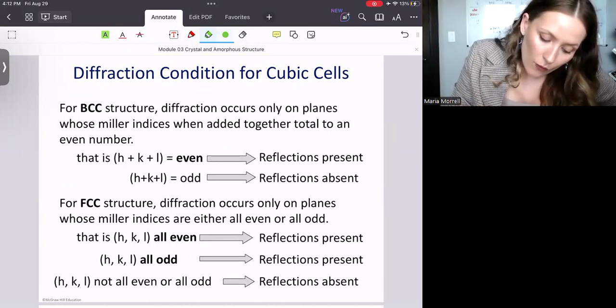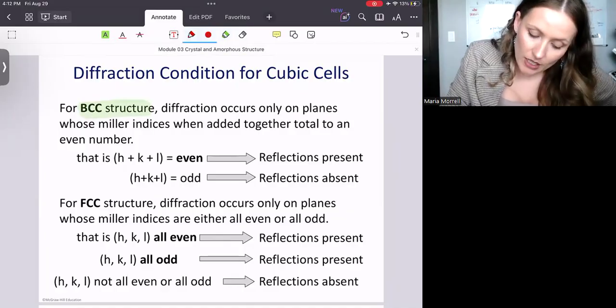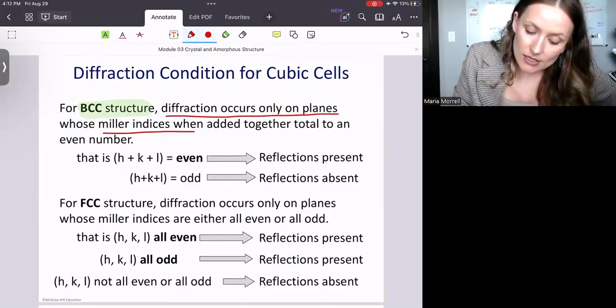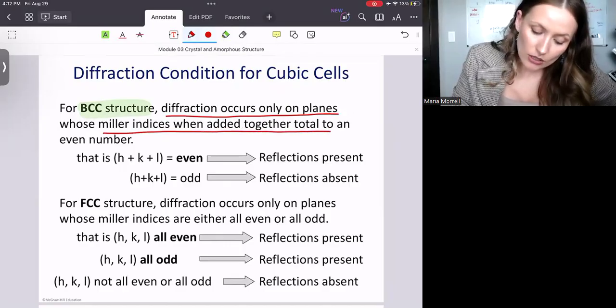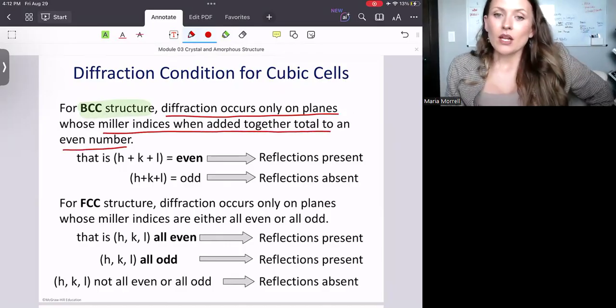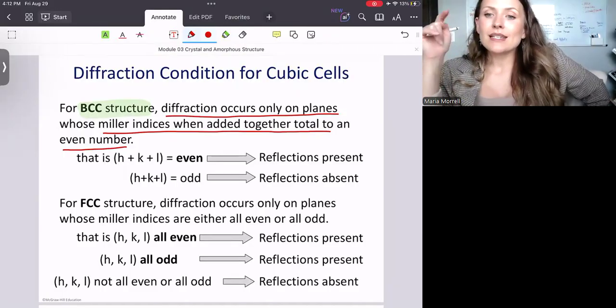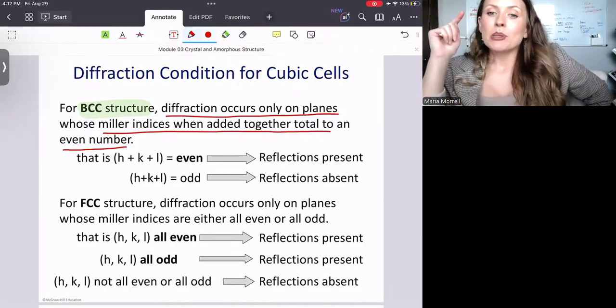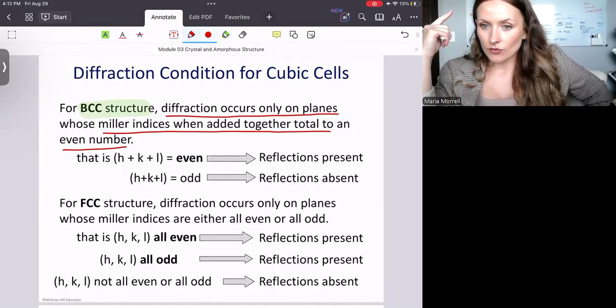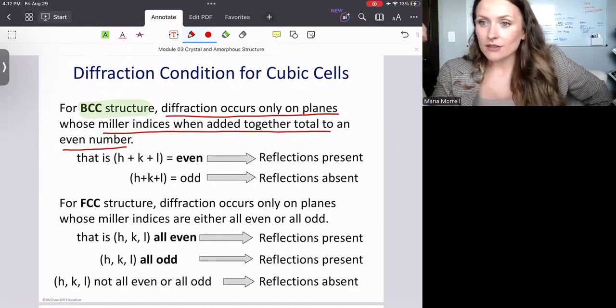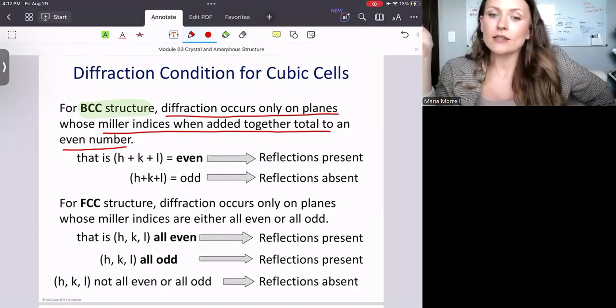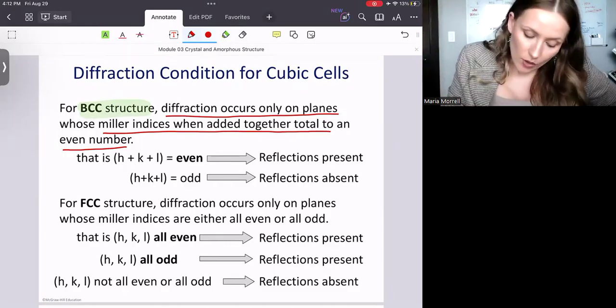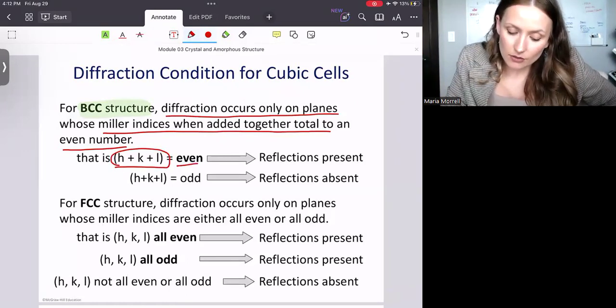For the BCC structure, diffraction occurs only on planes whose Miller indices, when added together, give you an even number. So once again, in the BCC structure, the planes diffract, or perhaps reflect, the light only when the sum of H, K, and L is even.